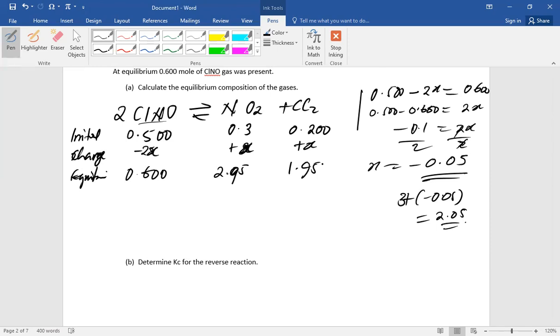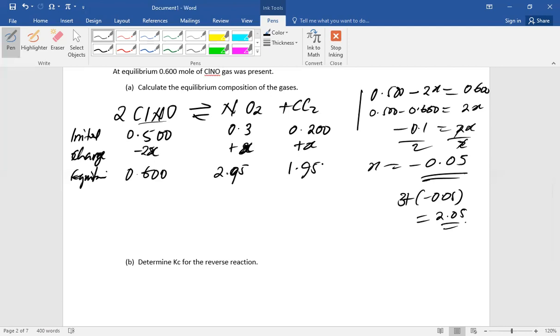To get the concentrations, we're going to divide by the volume of the whole solution, because molarity is given by number of moles of solute divided by the liters of solution.